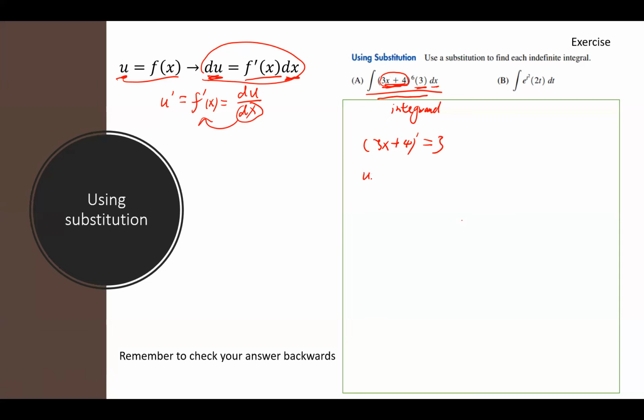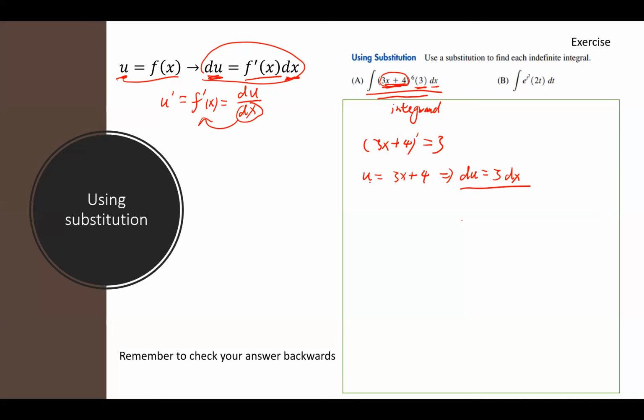If we express u as 3x plus 4, then we have du equal to 3 dx, right? If you just take the derivative of both sides, we have this relationship.